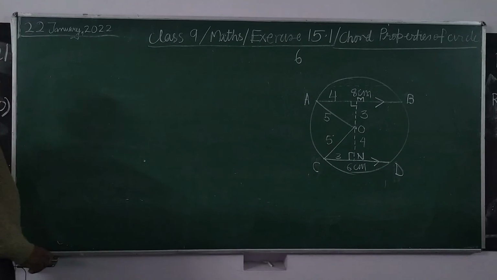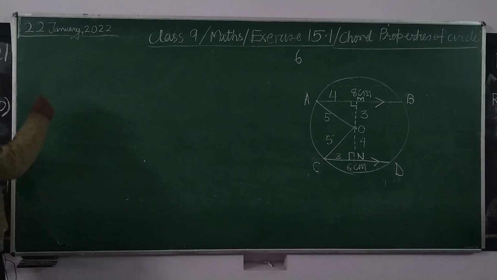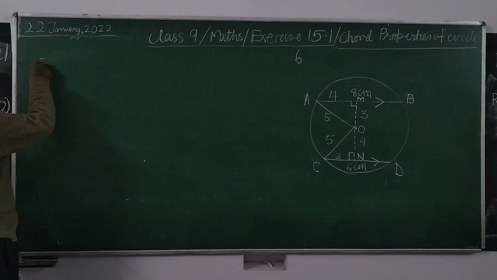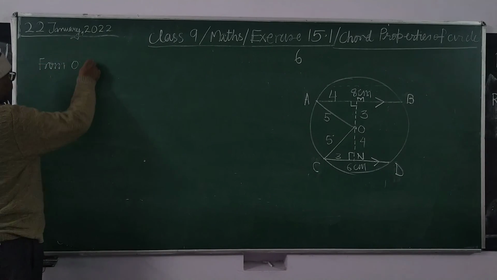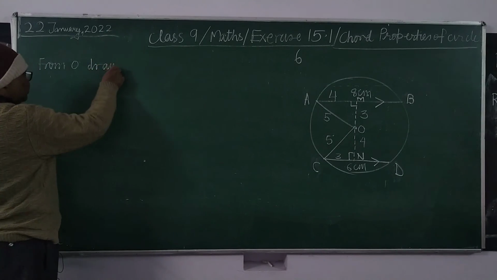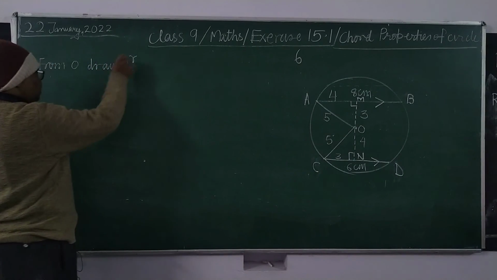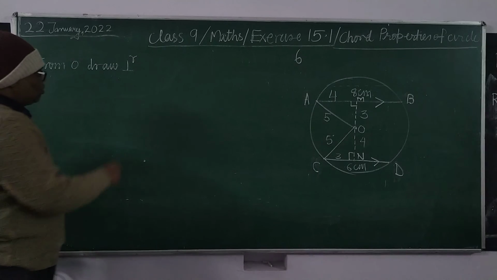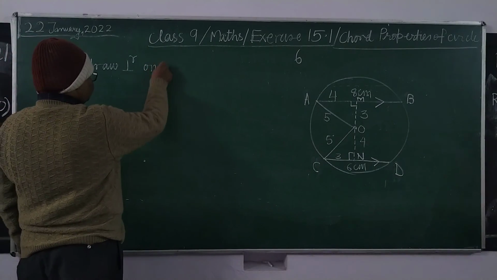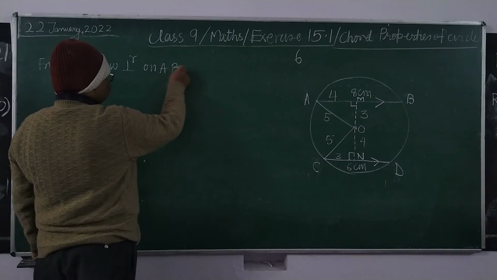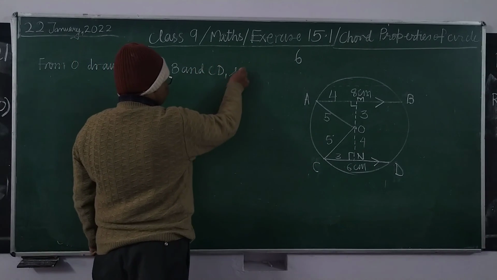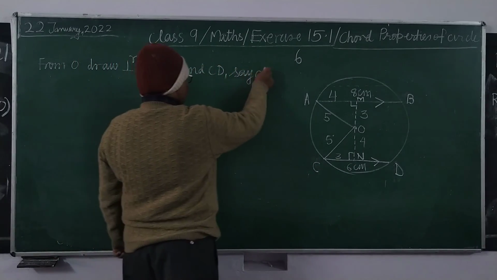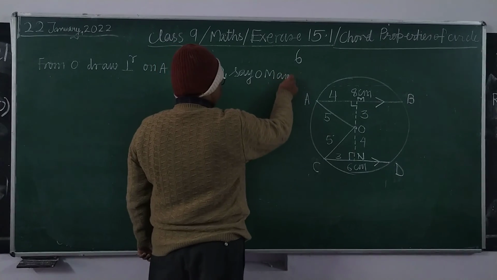Now see here. From O, draw perpendicular. O is center of the circle. Draw perpendicular on AB and CD, say OM and ON.